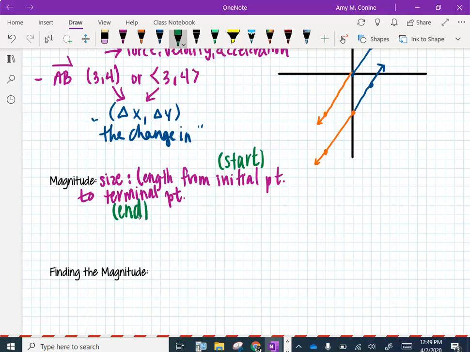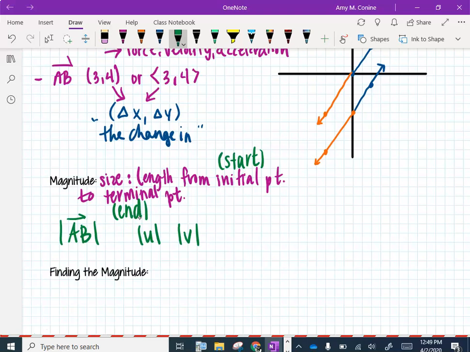Okay, so what that looks like if you're talking about magnitude, it kind of looks like an absolute value symbol around your vector. You can have vectors that are just letters. So if I had vector U or vector V and I was trying to represent magnitude, it would look like absolute value of those. Okay.